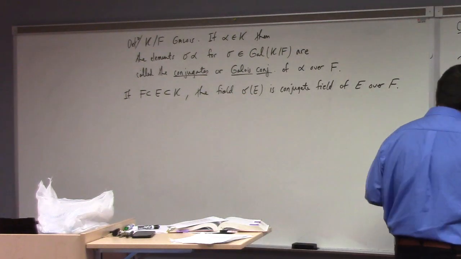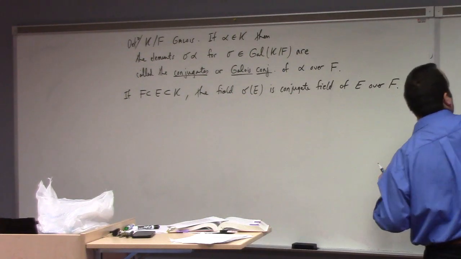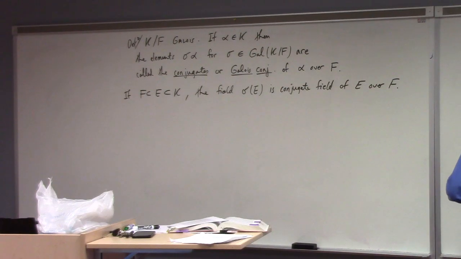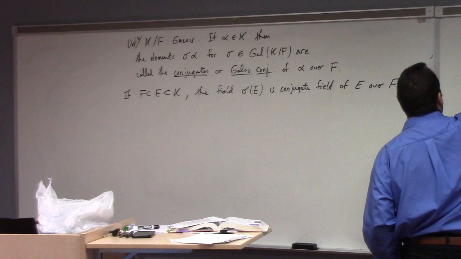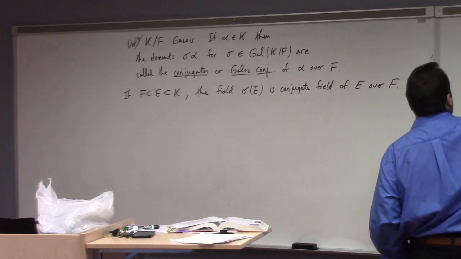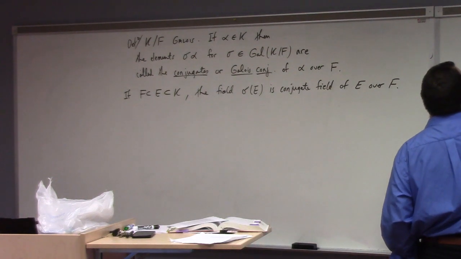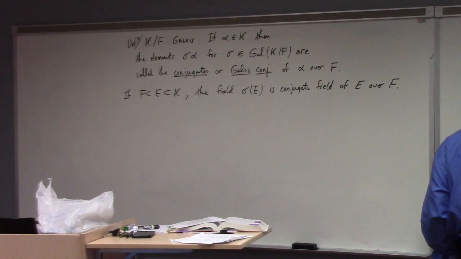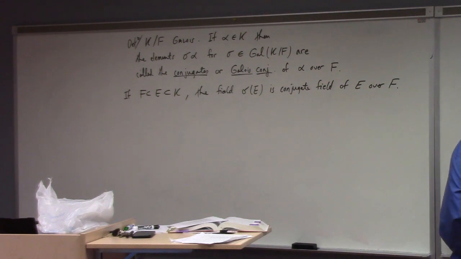The example we keep coming back to, because it's a good example, is what? Exactly. So Q adjoin the cube root of 2, which, like you said, is up to isomorphism Q[x] mod the ideal generated by x cubed minus 2.